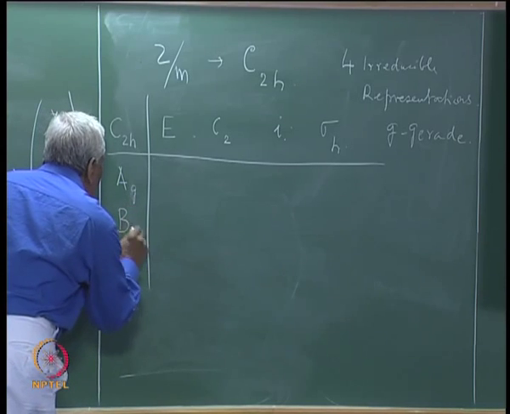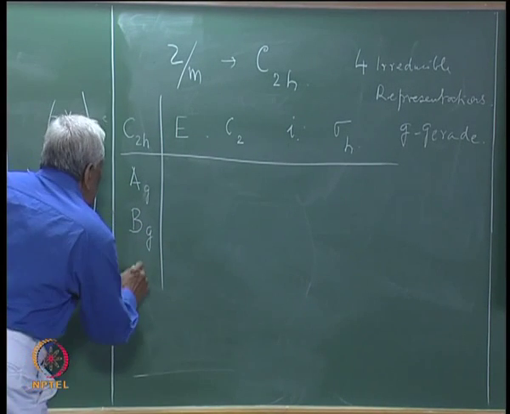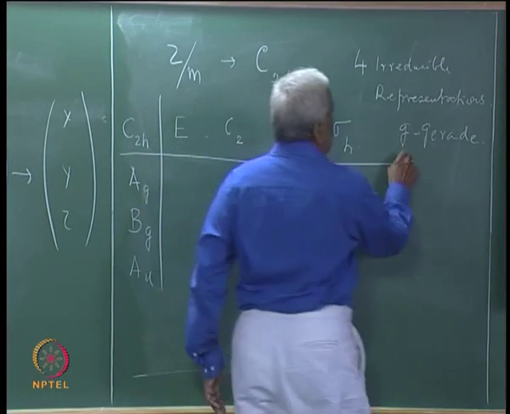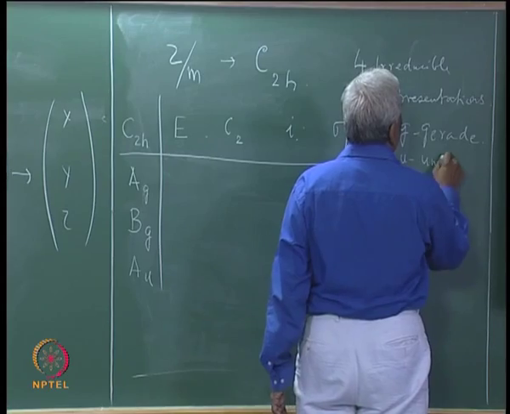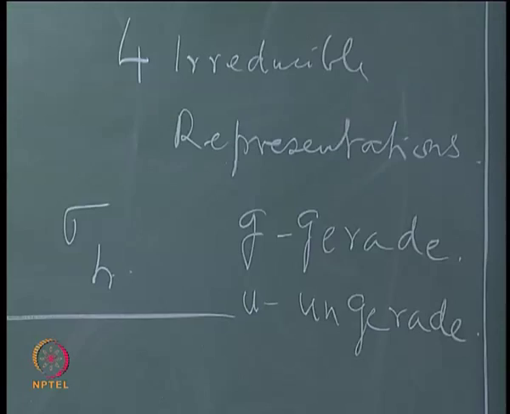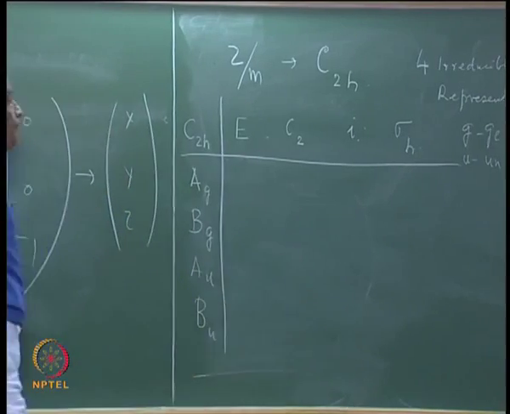There is also another one dimensional representation Bg, and then you have an Au, ungerade, which is odd with respect to inversion, and Bu.